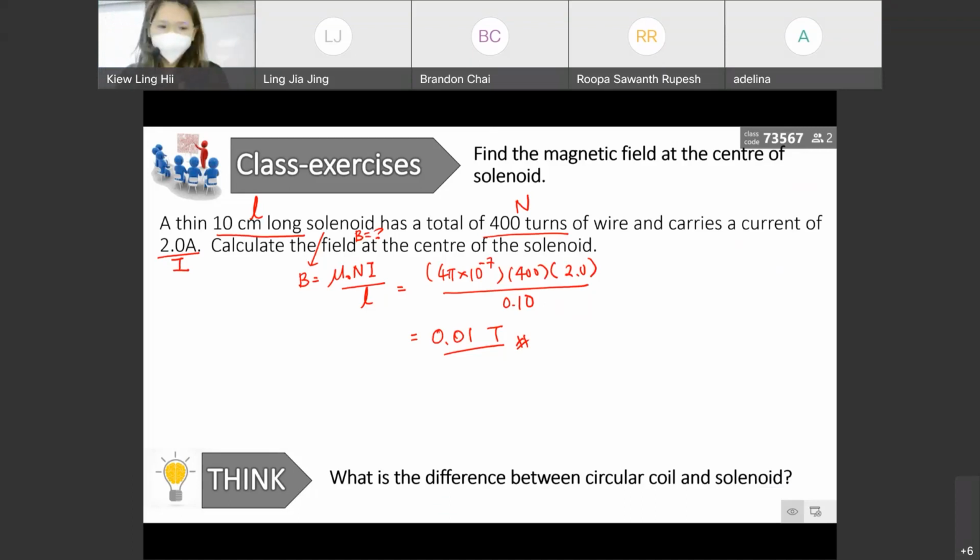How will you differentiate the difference? How will you know whether to use circular coil or solenoid? Anyone?